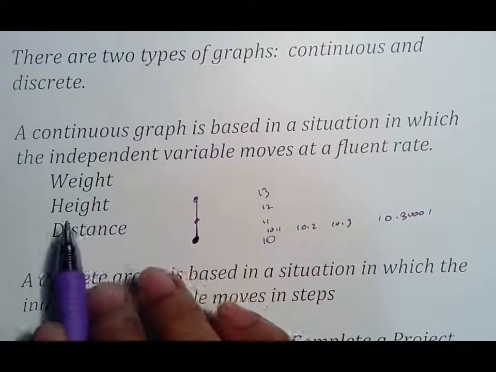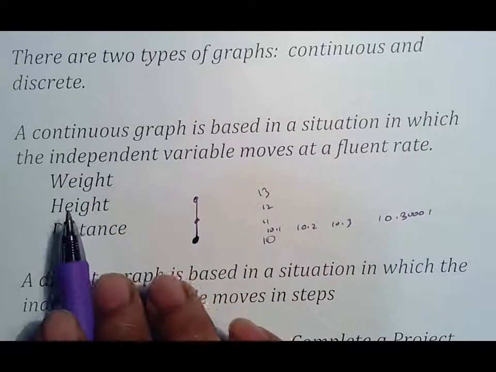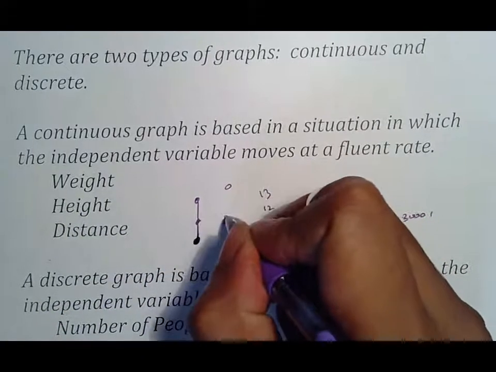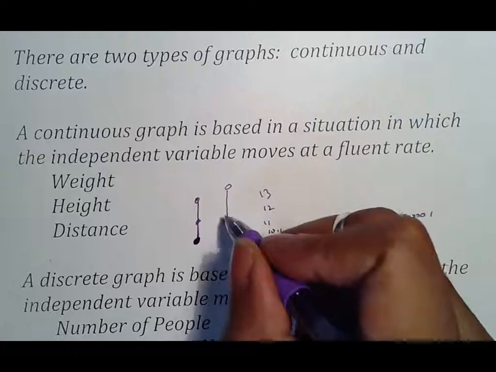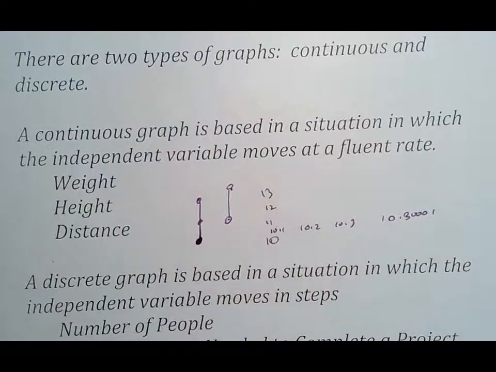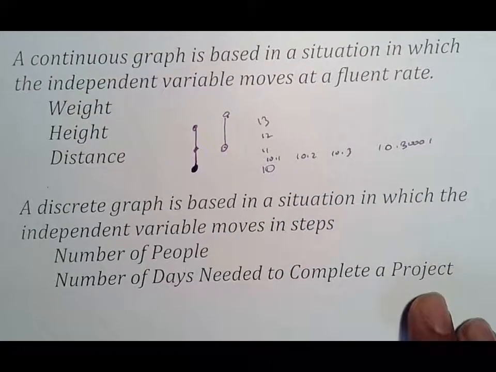Height and distance are the same thing. You don't go from 5'1" to 5'2" without hitting the range in between. It doesn't just jump up to there. So the easiest way for me to remember continuous is if you can have decimal values and other weird values to transition in between, then it's going to be continuous.